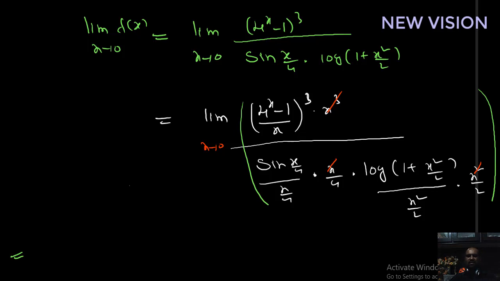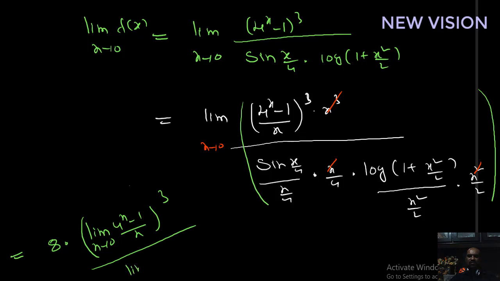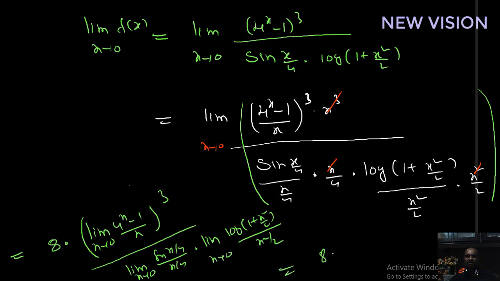Okay, 4 twos are 8, so 8 into the limiting value of (4 power x minus 1 by x, x tending to 0) whole cube, by the limiting value of sin(x by 4) by (x by 4) as x tends to 0, into the limiting value of logarithm of 1 plus x square by 2 by x square by 2 as x tends to 0. Which is same as 8 into (log 4 base e) cube by 1 into 1.